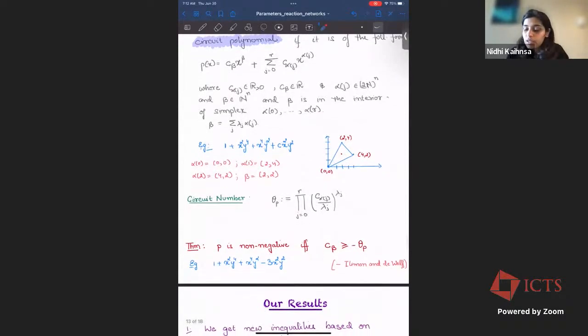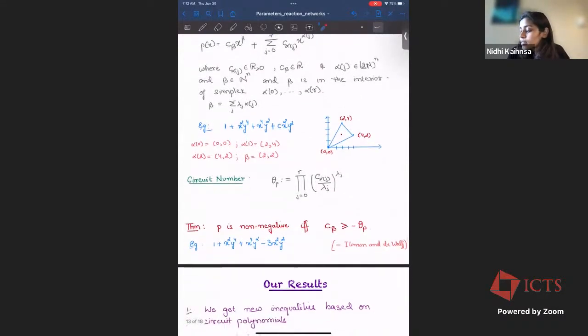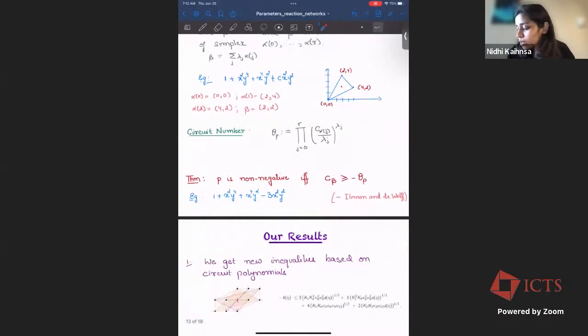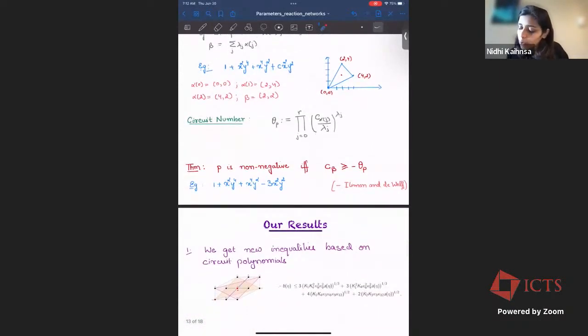Okay. So you can see where I'm going with this: I have an interior point whose coefficient can be negative, and I want to bound how negative the coefficient of that point can be. So I divide the coefficient into 3 circuit polynomials, 2 two-dimensional simplices, these orange and red triangles, and 2 one-dimensional simplices, blue and green lines.